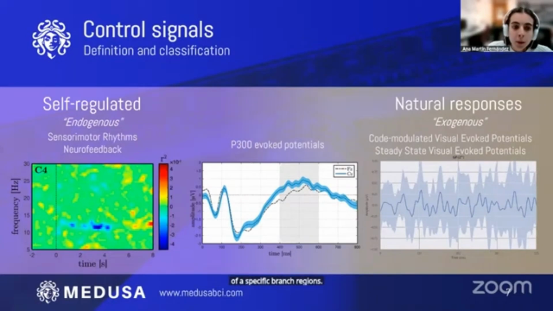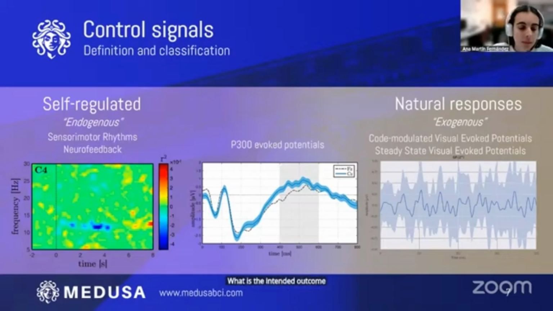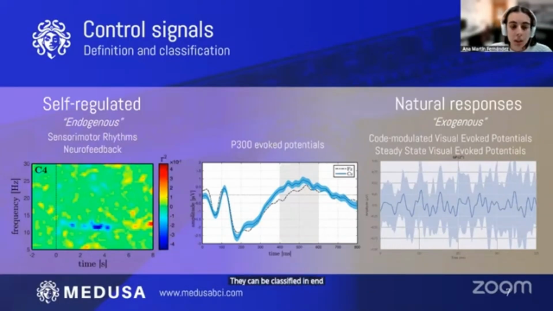Thus, the produced signal can be reliably detected and interpreted in order to determine the user's intention and what the intended outcome is. So, depending on the origin of those signals, they can be classified into endogenous signals and exogenous signals.